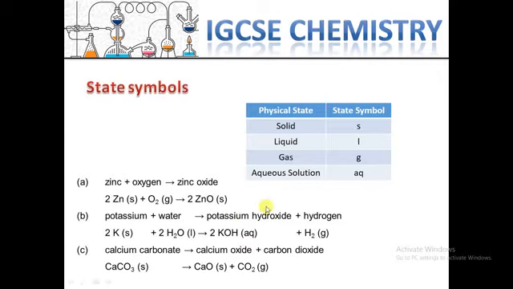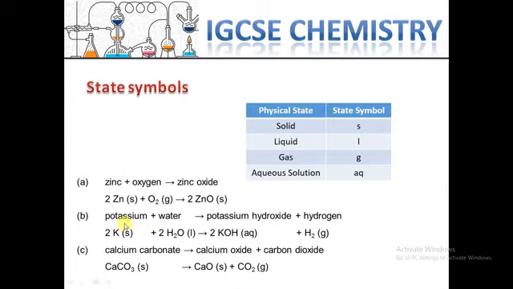This can be the same for calcium carbonate, which is a solid structure, and after the reaction, you will get another solid structure and a gas form of carbon dioxide.